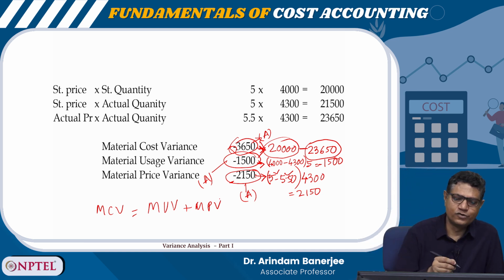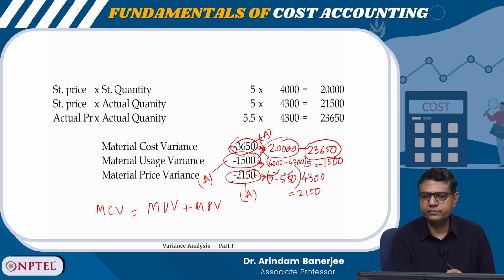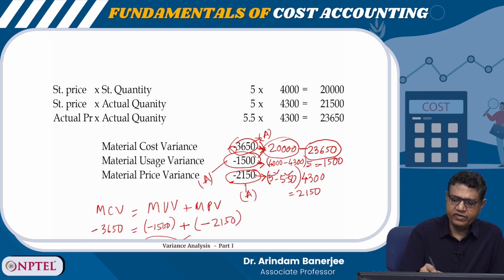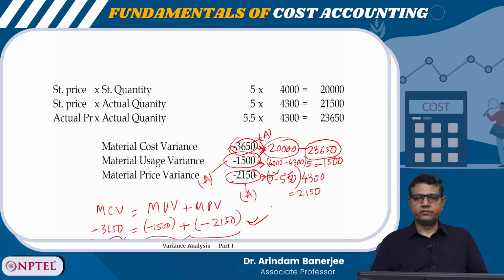Here MCV we calculated as minus 3650, which is equal to minus 1500 plus minus 2150. So the left hand side and right hand side are equal, which means this calculation is correct.